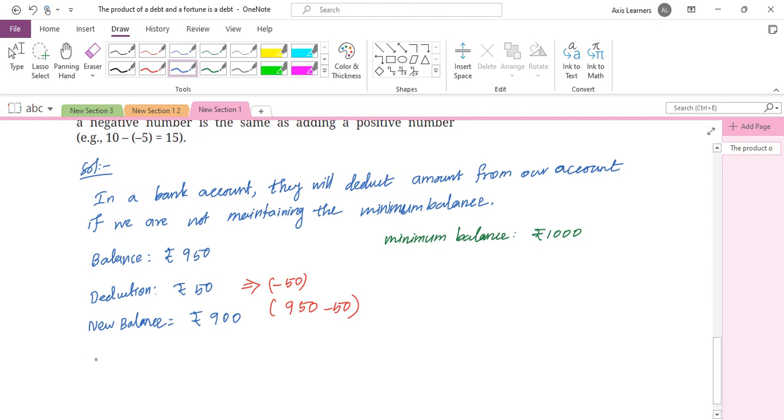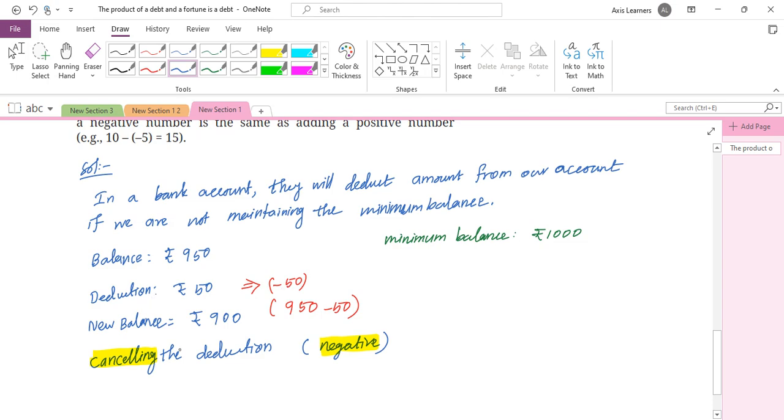Cancelling means that is negative. If you cancel any subscription, that is called negative. Cancelling will come as a negative sign. So they deducted 50 rupees, right?